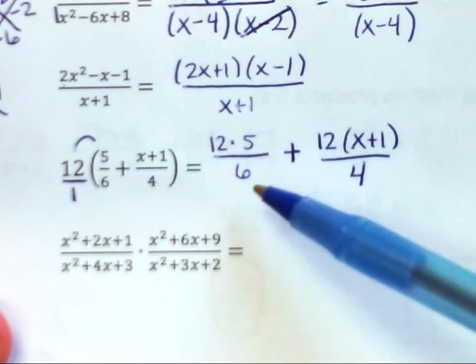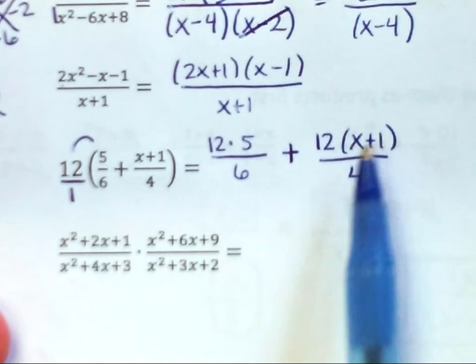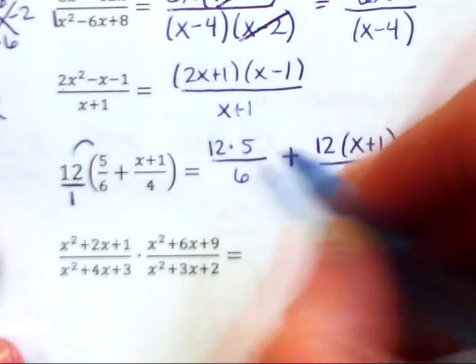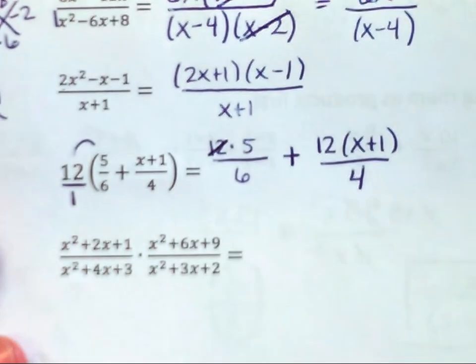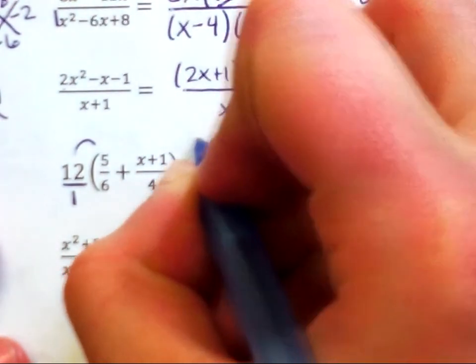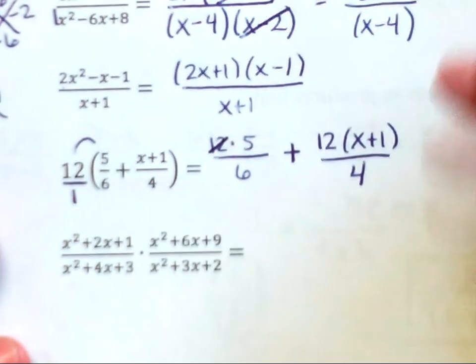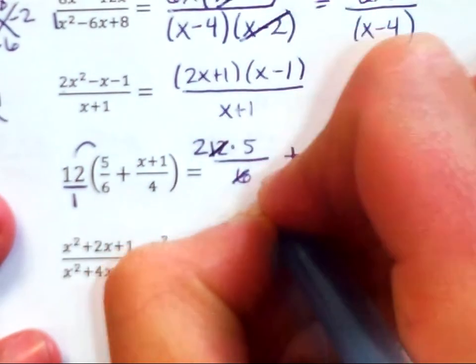And then the idea is to reduce each of these fractions. So the 12 and the 6, I could cross out 12, and if I'm dividing it by 2, that would leave me with a factor of, wait, no, I can divide them by 6. So that would give me a 2, and this would become a 1.